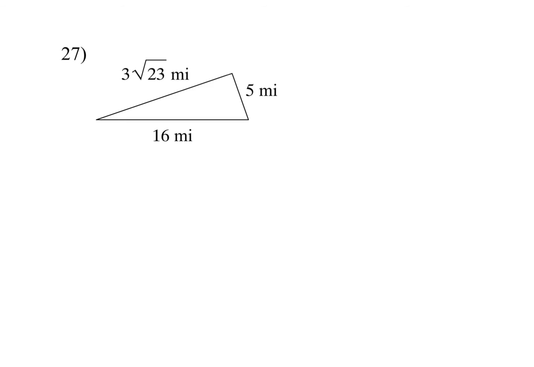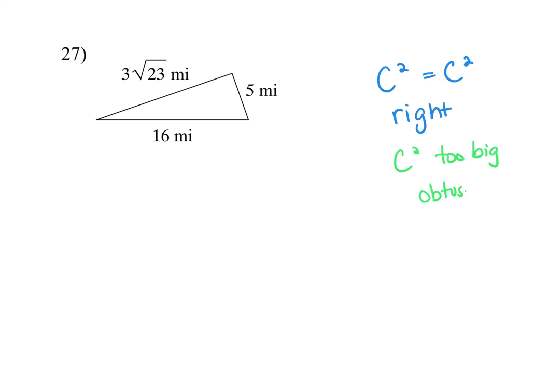But this wants you to tell me, is this a right triangle, an obtuse triangle, or an acute triangle? All right. So if your c squared equals what it should be, right? So let's say they equal. Then that means you have a right triangle. If your c squared is too big, bigger than what it should be, then you have an obtuse, all right?